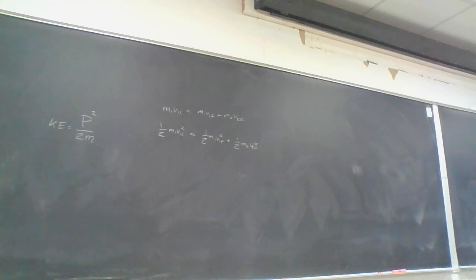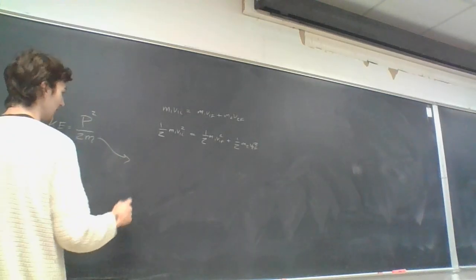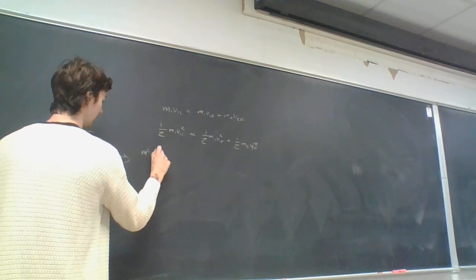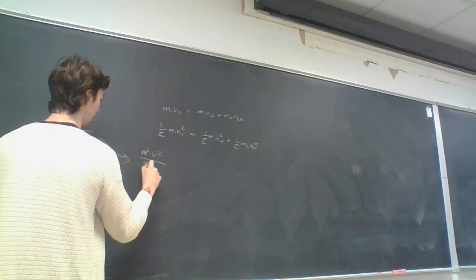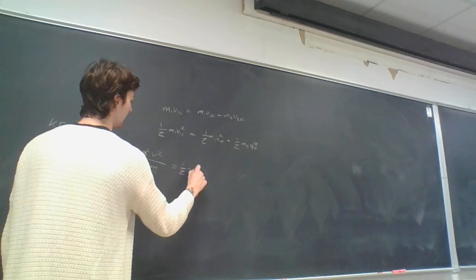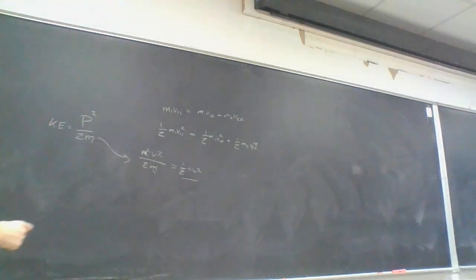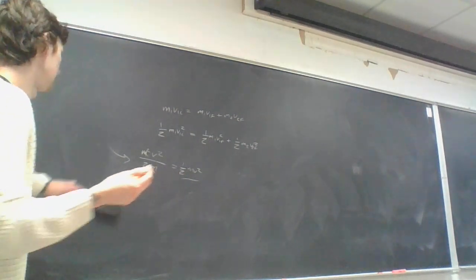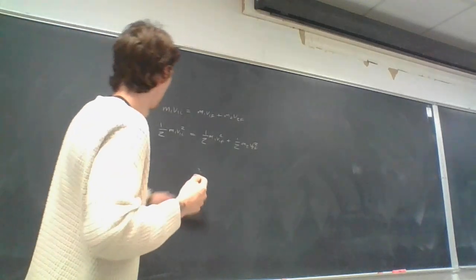Just be aware of that, because I could see maybe Dr. Davis throwing you a curveball like that, and you're just like, what the hell is P squared over 2M? But I'll convince you real quick that if you do the momentum squared, it's M squared V squared over 2M. One of the M's cancel. 1/2 M V squared, kinetic energy. So that's just a shorthand way of writing it. You may see it, you may not. Okay, that's good to know.